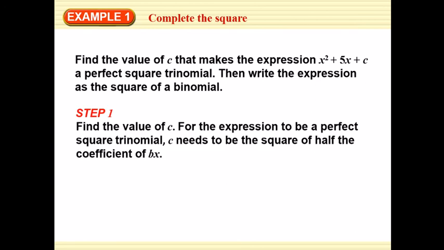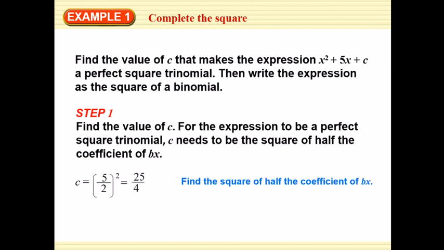So step 1, find the value of c. Very explicitly, c is going to equal b divided by 2, squared. So I take 5 divided by 2, since b is 5, and then I square it. Very explicitly here as a fraction, I would get 25 fourths. If you convert that to a decimal, that's fine.